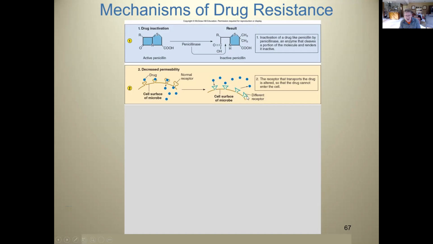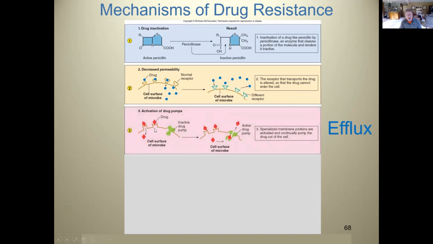Not we, but the cell, as a result of a mutation or as a result of acquiring the genes from another cell, like we talked about in the earlier slide, now reconstructs, if you will, or slightly modifies the existing normal receptor to the point at which the chemical, the drug, doesn't fit into it and therefore can't be allowed into the cell. Isn't that interesting?